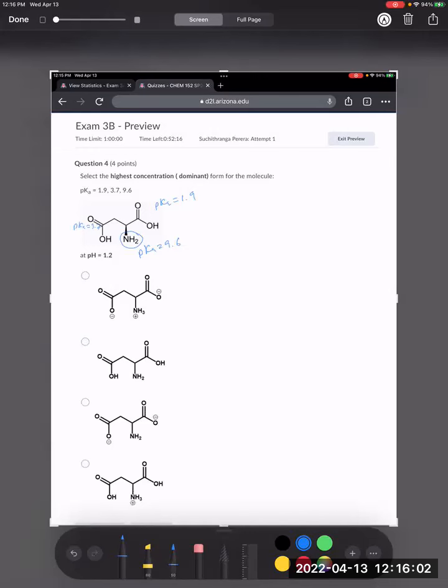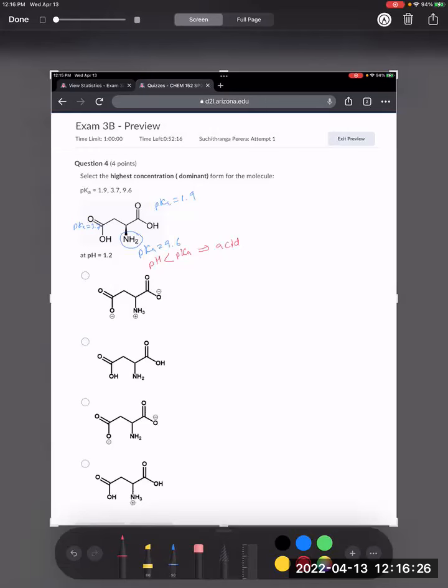Now we know that. Now all we have to do is compare our pKa values to the pH, right? So when it comes to the amine group, our pH 1.2 is less than 9.6, which is our pKa. Okay, if the pH is less than the pKa, we know that the acid is dominant.